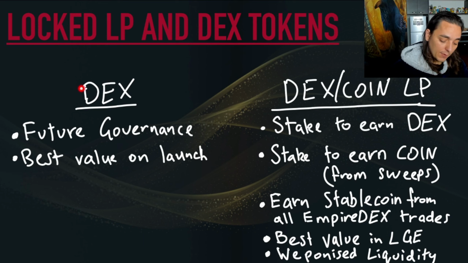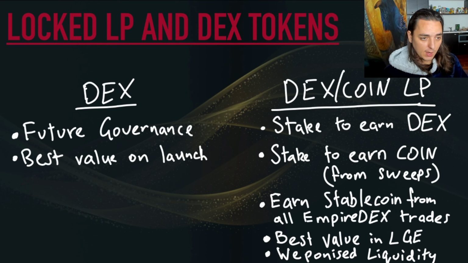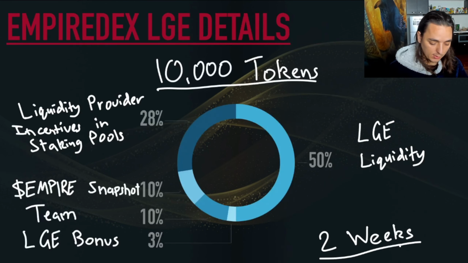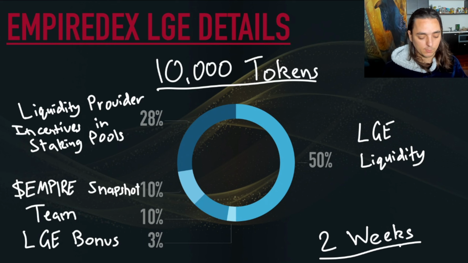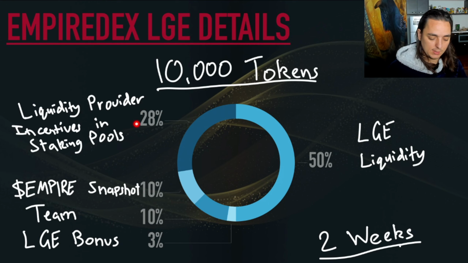So if you want to just get these DEX tokens, the best time to do it is on launch. And why is that? Well, at launch, who's going to dump on you? This can't dump on you. It's all locked liquidity. This is in staking pools, distributed over a year and a half. Snapshot is vested for 6 months. Team is also vested for 6 months.